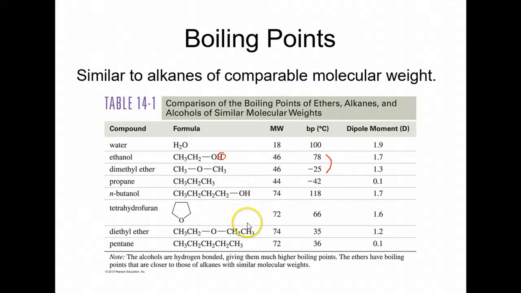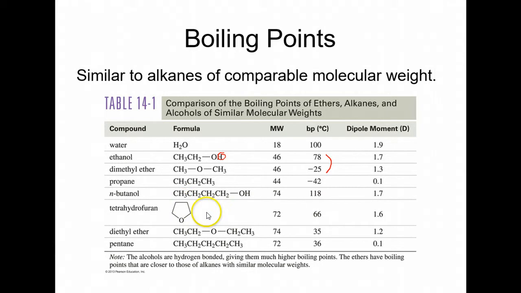And then they show you larger molecules: butanol, tetrahydrofuran, diethyl ether, and pentane. Again, it has the same effect. What is interesting, if you notice the boiling points, is that the boiling point of the cyclical structure is almost twice as much as that of the straight structure, and that's because of something we talked about last semester regarding van der Waals forces.